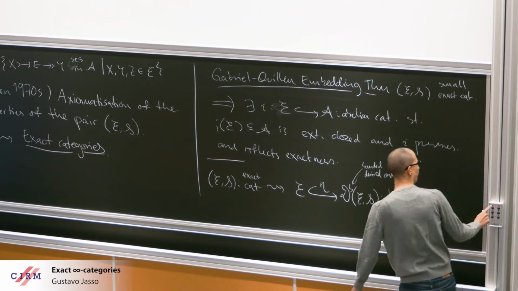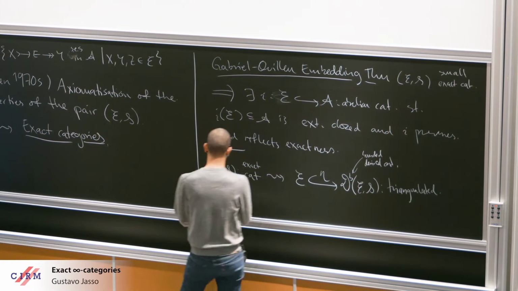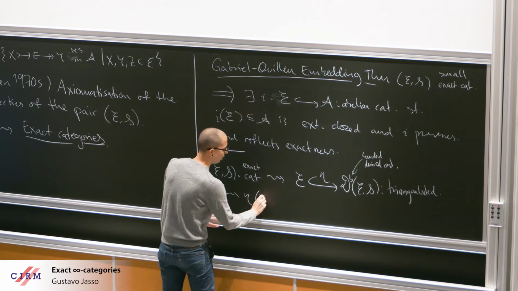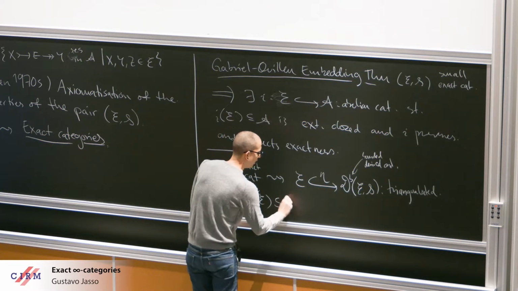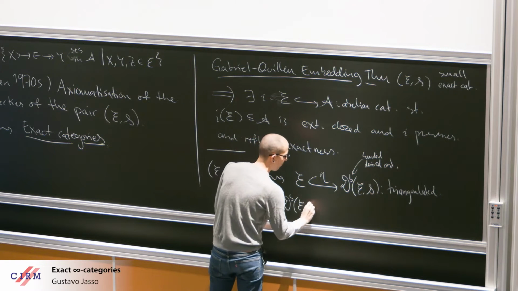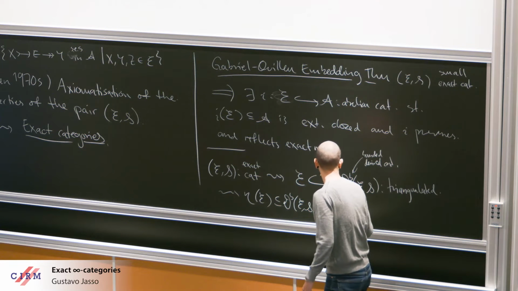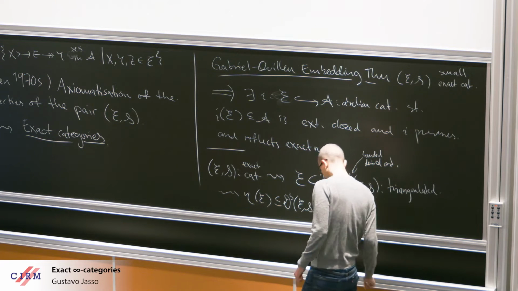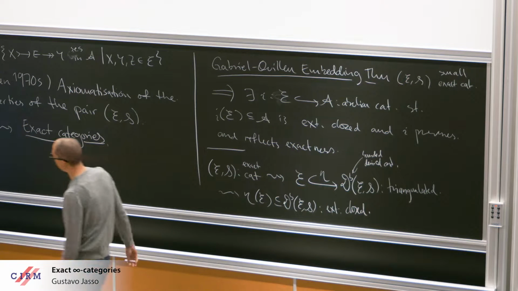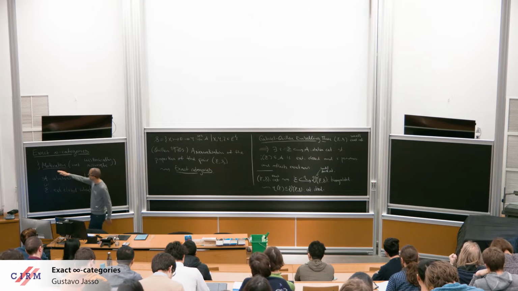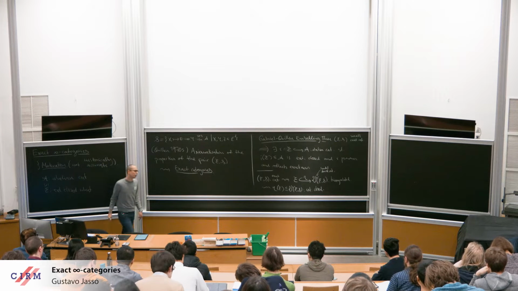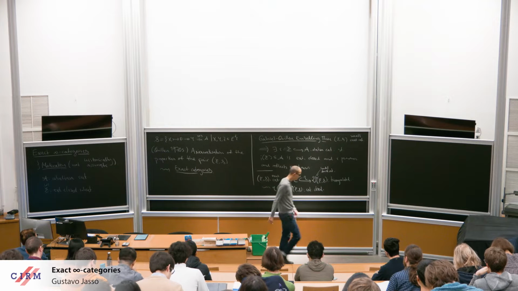And the image of E in its bounded derived category is also extension closed, now in the sense of triangulated categories. So this motivates an extension of this setup to the following situation.